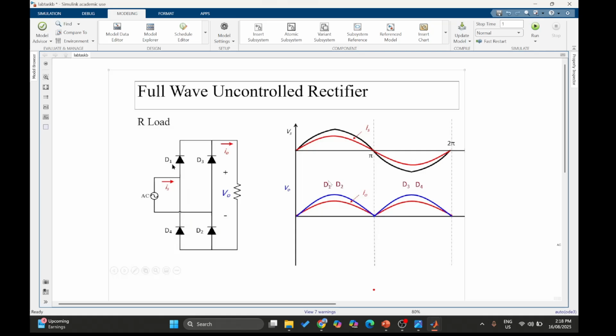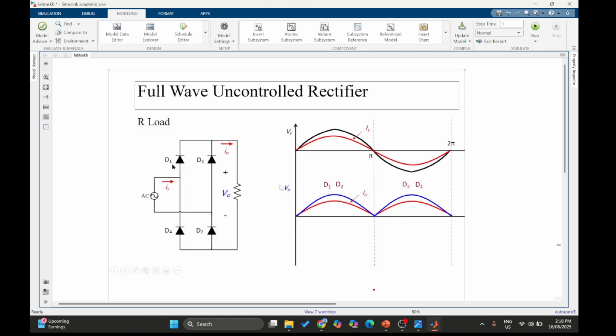That's why we can see at the output the voltage at the positive half, where the current flows. The blue one is the voltage, and the red one is the current. And in the negative half cycle, again the current flows.